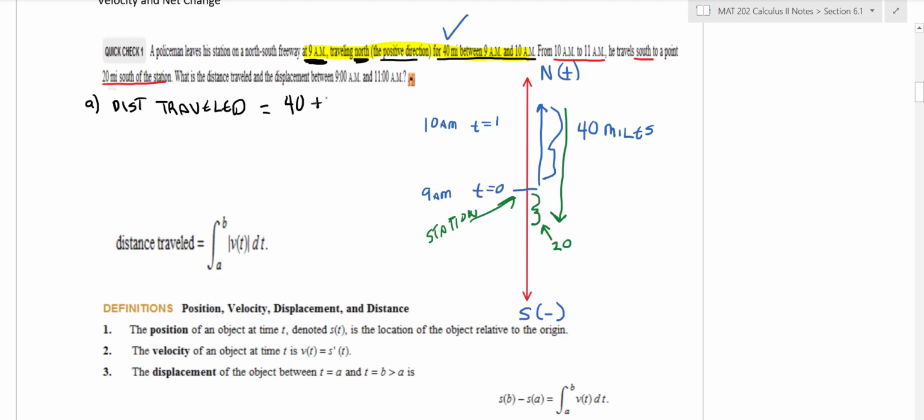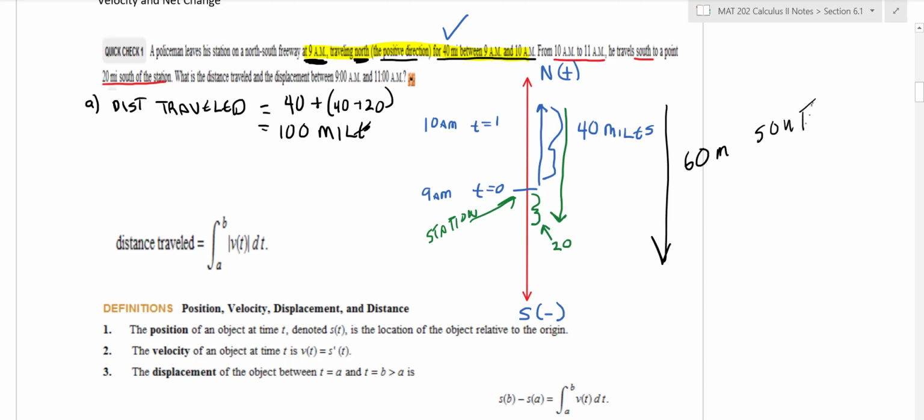So the distance traveled is going to be 100 miles. That's the total distance traveled. The only way you go 40 north and end up at that point is to actually go 60 south. So you're actually going 60 miles south. Okay, so that's part A.